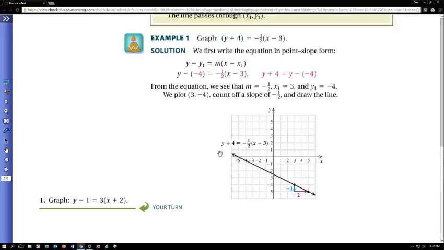Now, we don't usually see it left in this form, because usually, though this is pretty good, I have ordered pairs that end up being integers, which fall onto my grid. But I could also solve this for y, which would put it in the slope-intercept form. But if you look at this, it is going to be a fractional value for where this line crosses the y-axis.